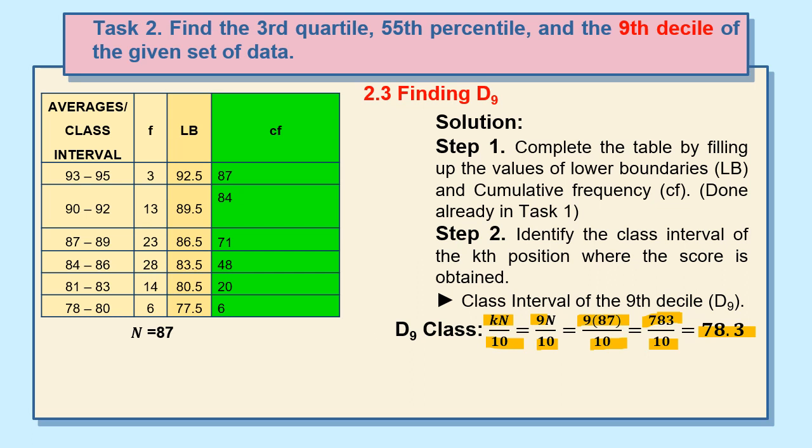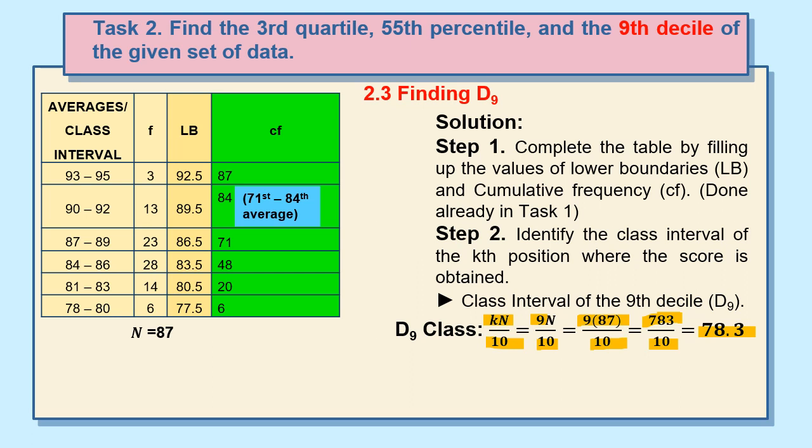So we are now looking for the 78.3rd average. We will locate the 78.3rd average in the cumulative frequency column. So where do you think the 78.3rd belongs?